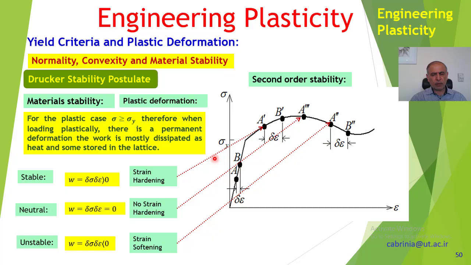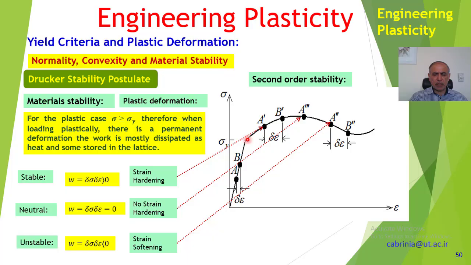Okay, only 5% or 2% of the energy applied to the material is stored, and the rest of it is dissipated. So that's what we are saying here, dissipated as heat and some stored in the lattice. So when we are at point A prime moving to B prime or moving to A double prime, this kind of thing happens.